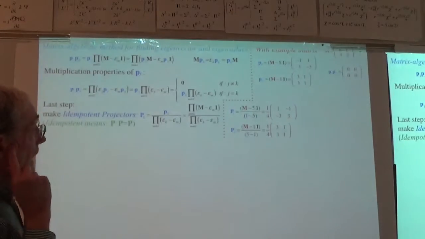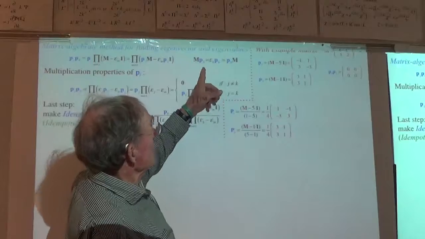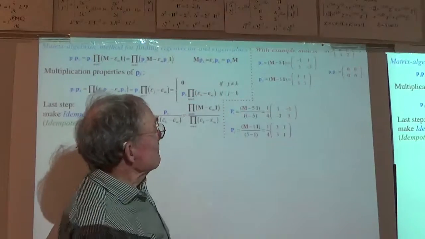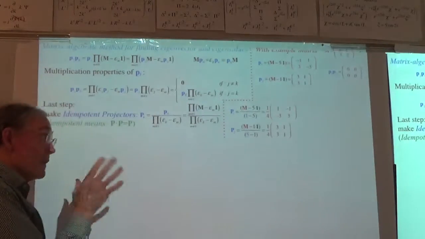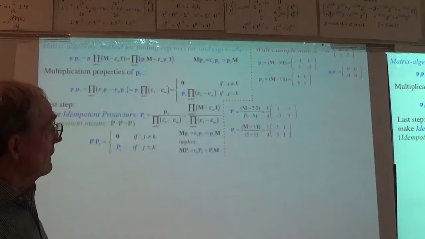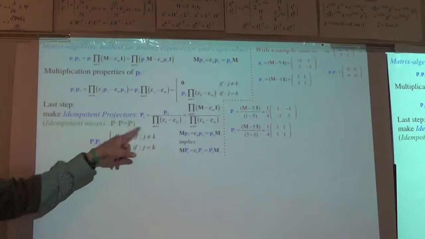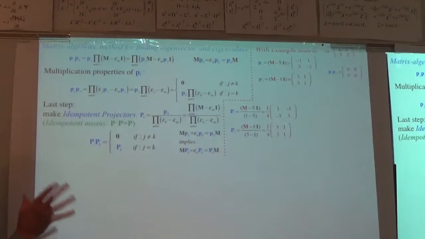Now these things will again obey the rules that we get 0 when we multiply them by each other, but when we multiply them by themselves, we get themselves back again, and that's the cool thing that happens here. So this is the sort of orthonormality relation for operators.